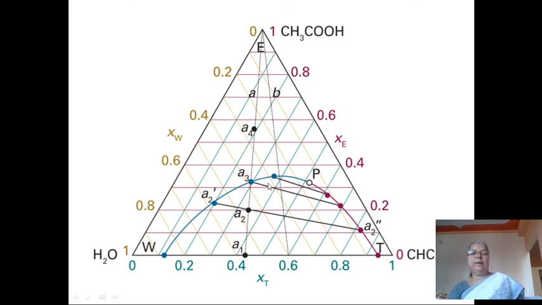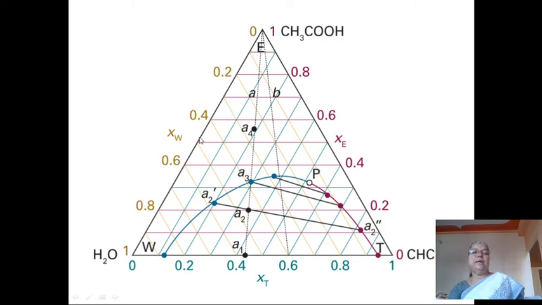Simply remember that the three component system is well explained with the help of an equilateral triangle, and each apex of the triangle indicates the 100% composition of one component.